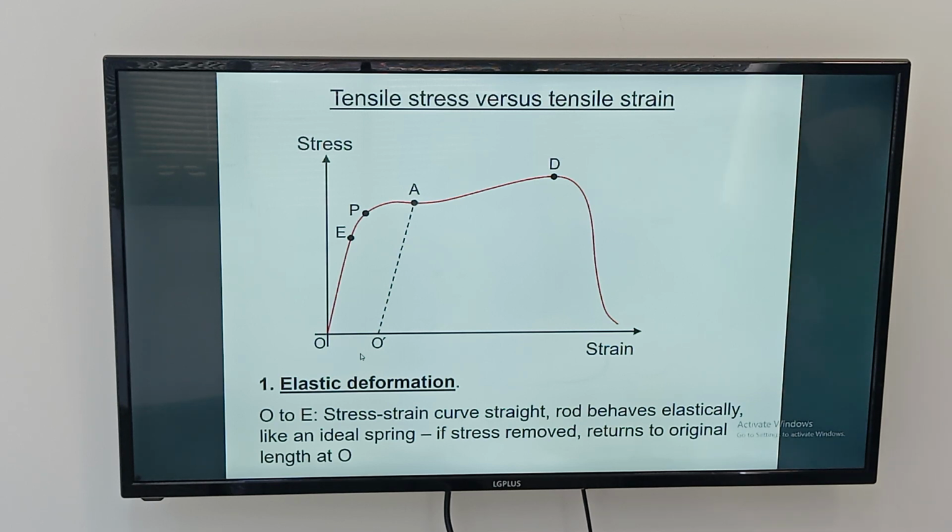Of course, it's imaginative because a rod will never act as a spring, but as we said, imaginative. So from point O to point E, the stress-strain curve is straight. The rod behaves elastically like an ideal spring. That means if you remove the stress or the force applied to the rod, it returns to the original length at point O.